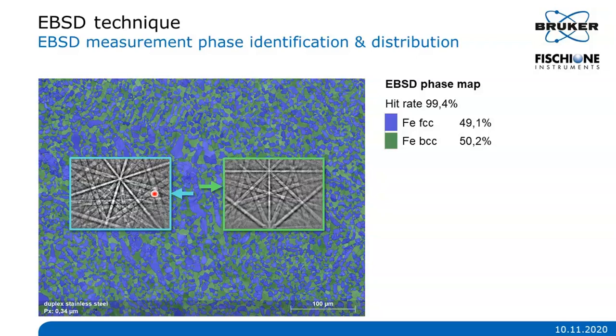Phase and orientation are determined for each point. Thus, as we move the beam, we map the sample, characterizing the intragranular deformation, different grains, and phases. In this stainless steel example, phase identification would not have been possible using the chemical information only. EBSD is required to distinguish ferrite from austenite.